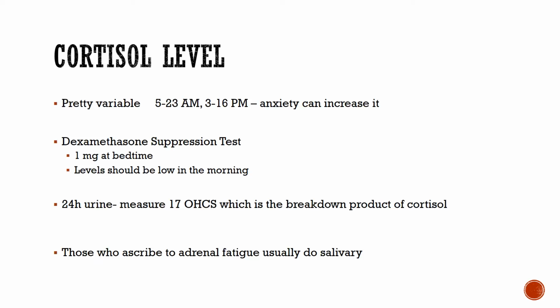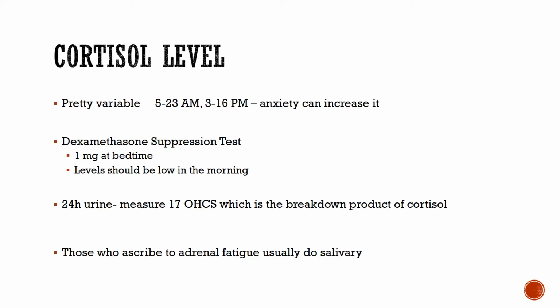The problem with them, however, is they're pretty variable. So in the morning, they're usually someplace between 5 and 23, and then in the afternoon, they're usually between 3 and 16. I had a patient recently that was about 24, but she was a very anxious patient, and so that stress, that chronic stress, raised her cortisol level.